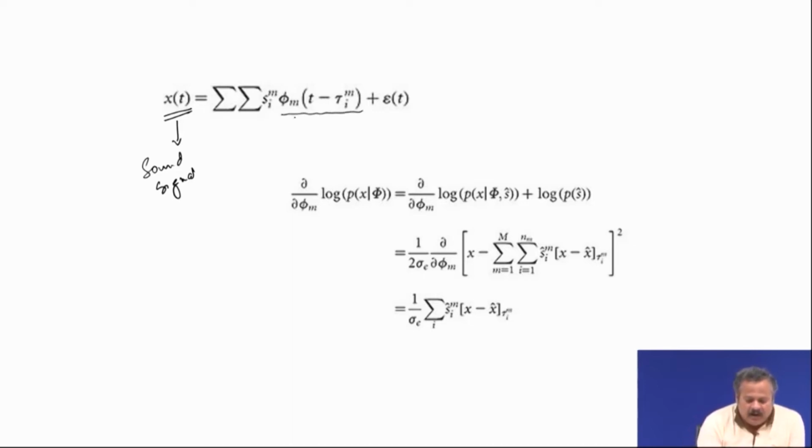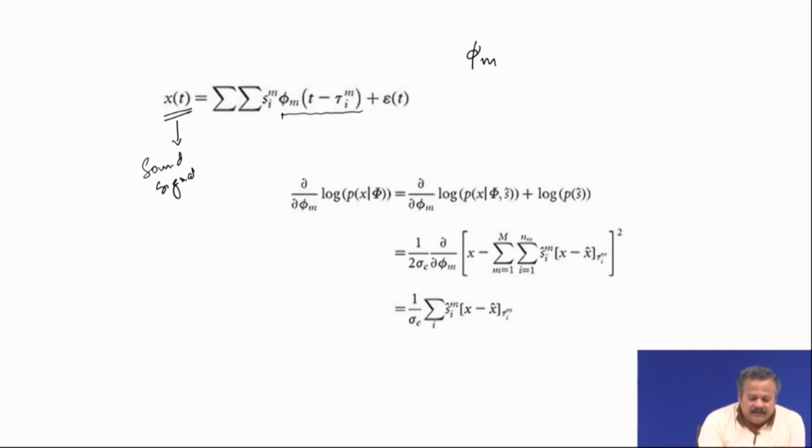In this case, we have a temporal component of the sound, and of course the pressure amplitude, and what we have are kernels that are representing parallel channels of information. These phi m's are representative of each of those channels.